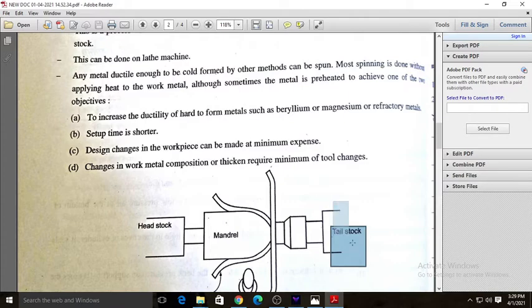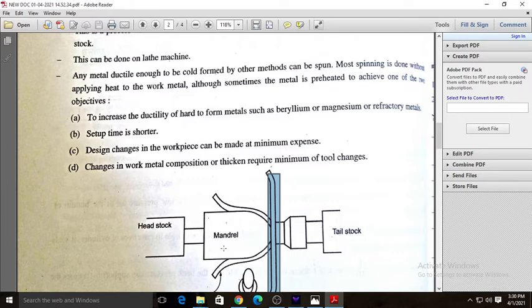Let's consider a lathe machine. In a lathe machine there is a head stock where the chuck is present, and in that chuck we connect the mandrel, whereas at the tail stock we put a metal sheet, and we bring this tail stock in contact with the mandrel.